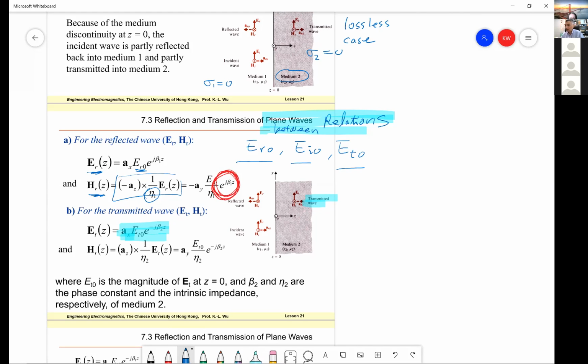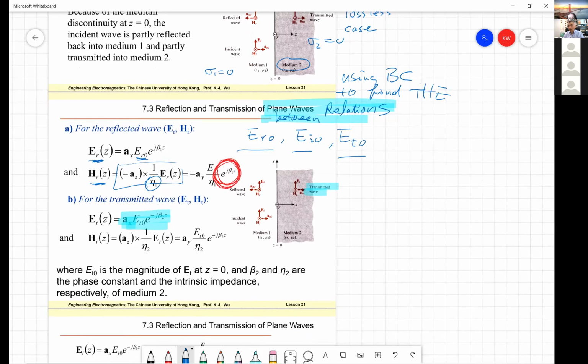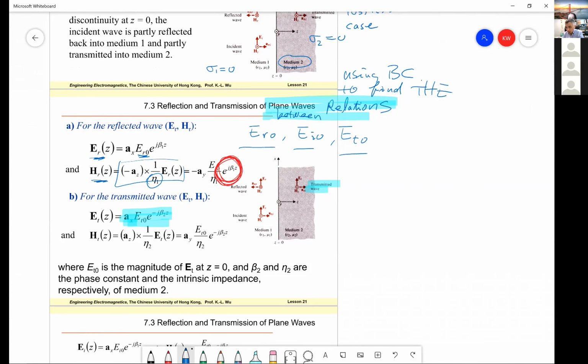Okay, find the relationships using the boundary condition. Now let's see how to apply. Oh, by the way, pay attention.